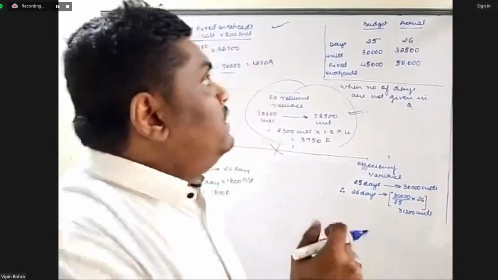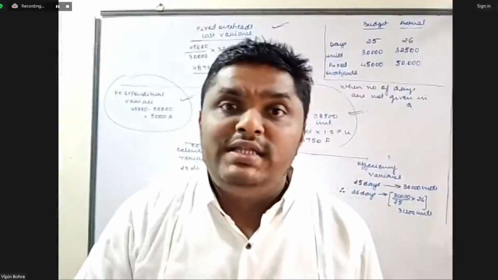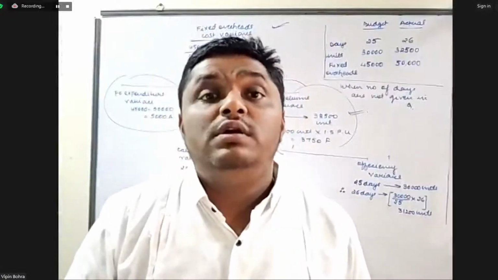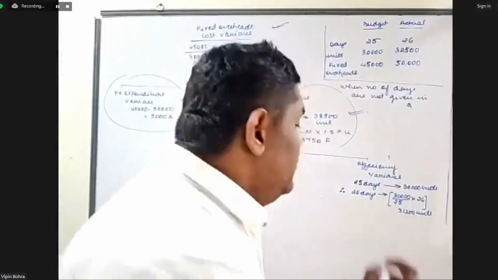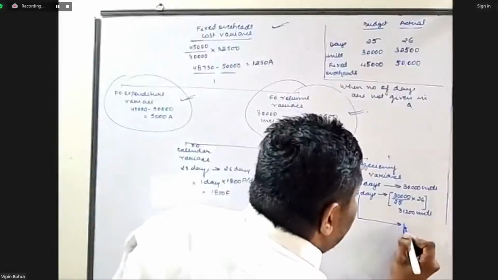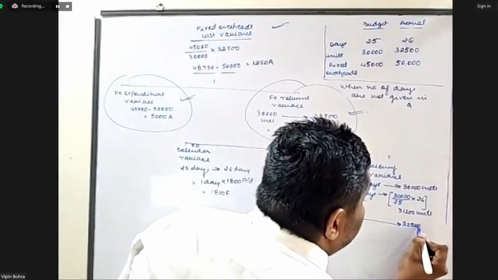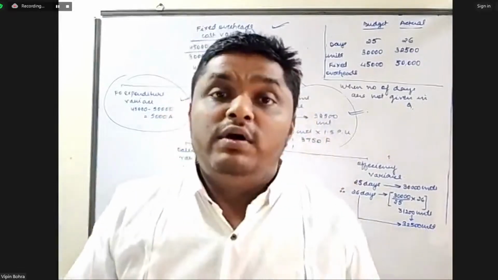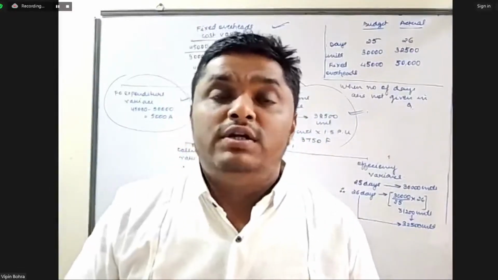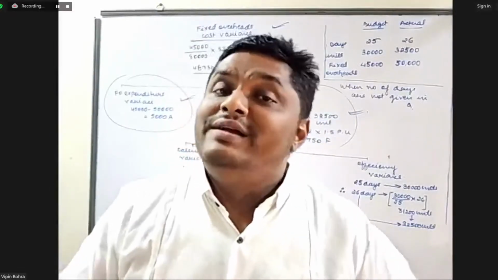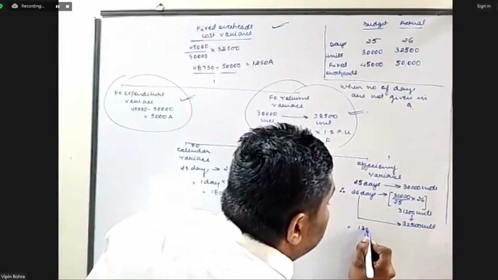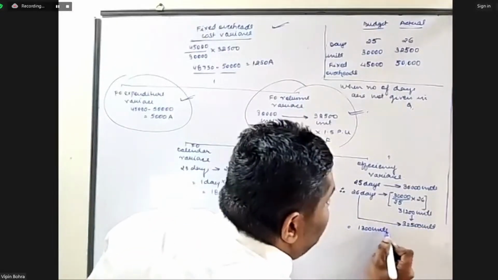But very important, guys, in these 26 days, instead of 31,200 units, we manufactured 32,500 units. That is, my workers performed efficiently. They did a great job. How many extra units did they manufacture? 1,300 extra units.